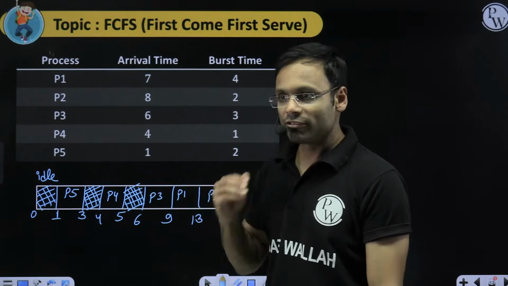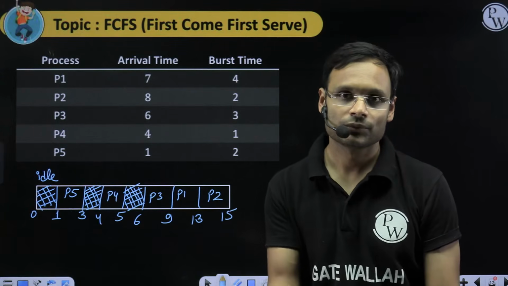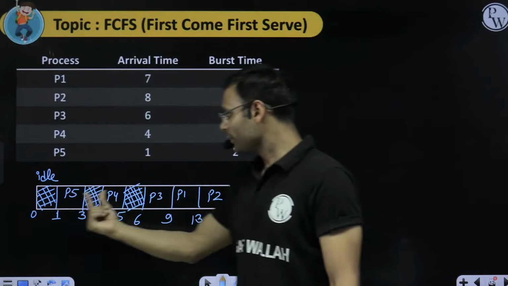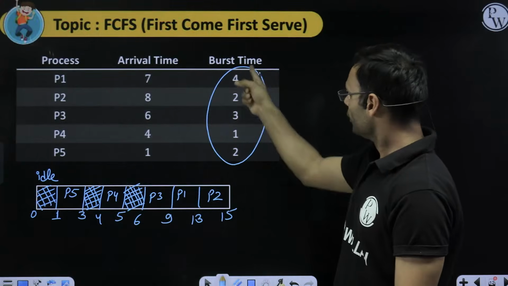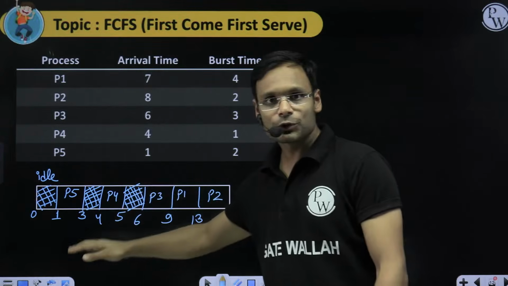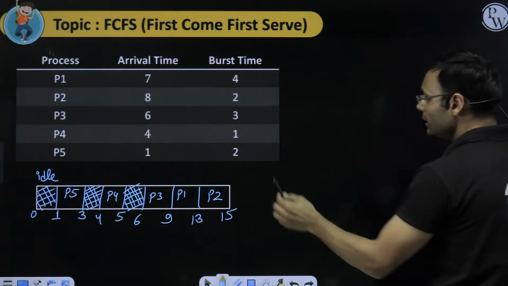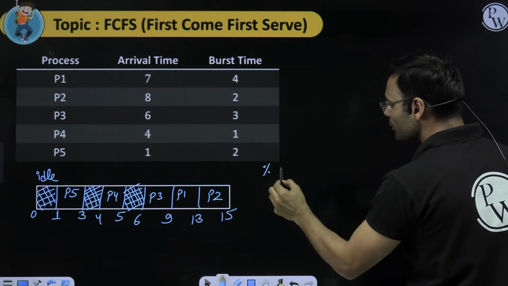Additional thing was when CPU is free, there is no process executing. This will be total free time plus summation of burst time, 12 plus 3, 15. In such kind of a question, when CPU remains idle for a certain duration of time, we have some aptitude questions.